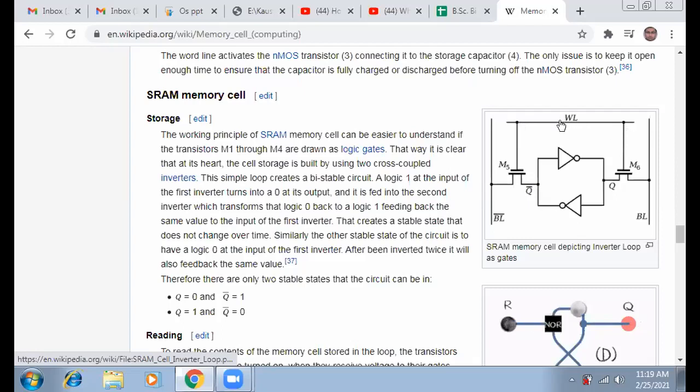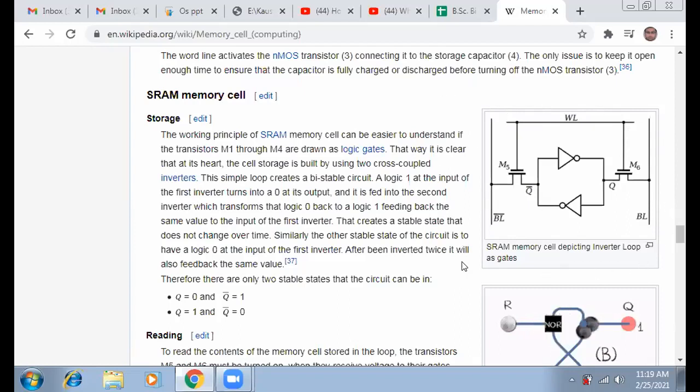This WL is called the word line, and this BL is called the bit line. This is a single cell structure of a static RAM.